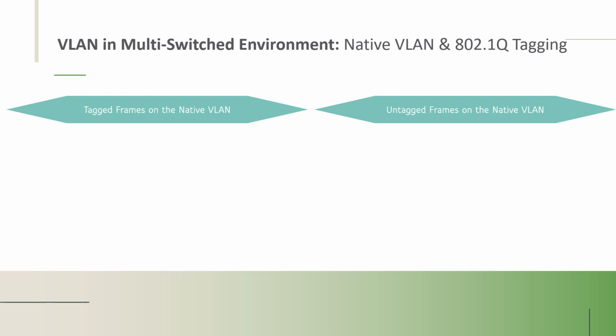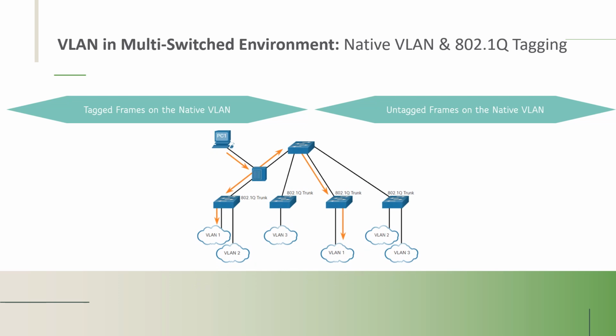Here there is a figure where PC1 is connected by a hub to an 802.1Q trunk link. And you can see that PC1 sends untagged traffic, which the switch associates with the native VLAN configured on the trunk port and forwards accordingly. Tagged traffic on the trunk received by PC1 is dropped.